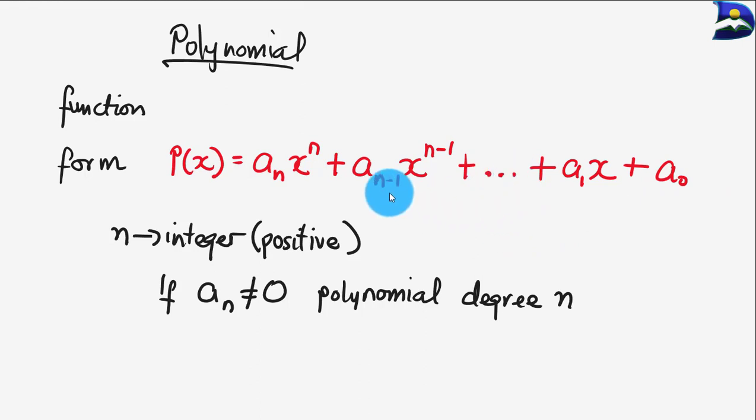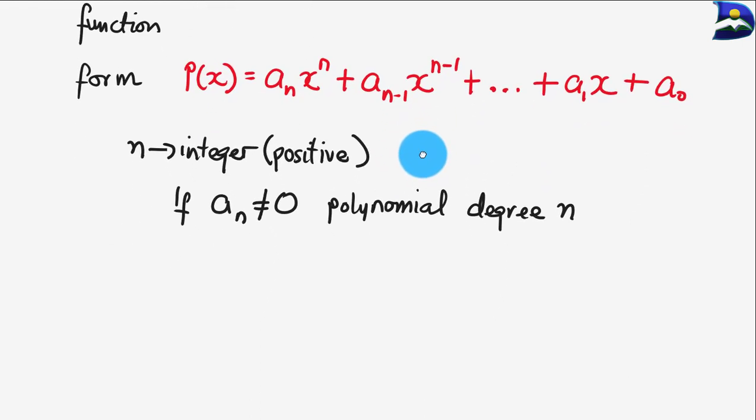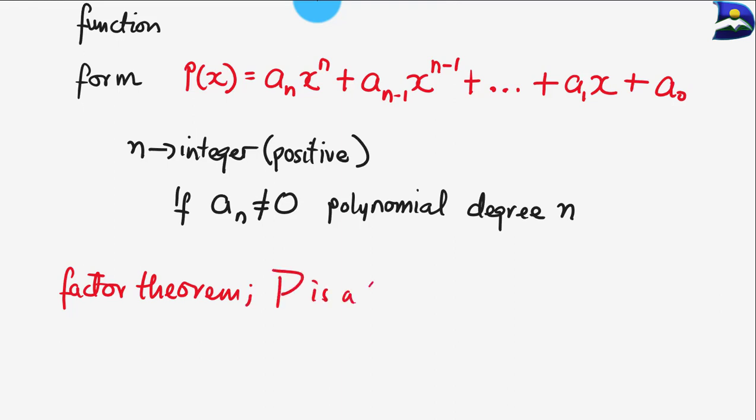Now recall a specific type of theorem which we call the factor theorem, and the factor theorem is expressed as the following: if p is a polynomial, therefore we need to recognize that c is considered to be a real number.